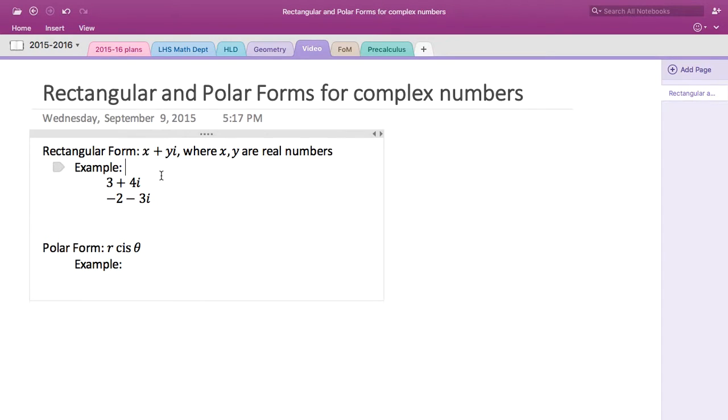And we're going to represent these complex numbers in a complex plane as 3 comma 4, or negative 2 comma negative 3. So if we plot that, that represents the complex number in rectangular coordinates. We call that rectangular coordinates.